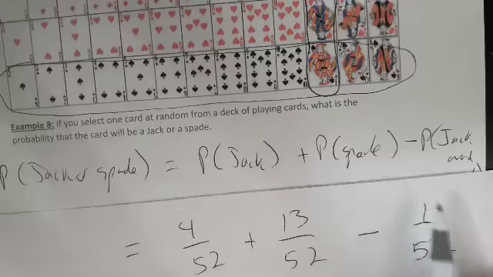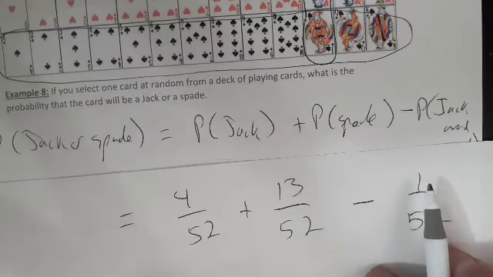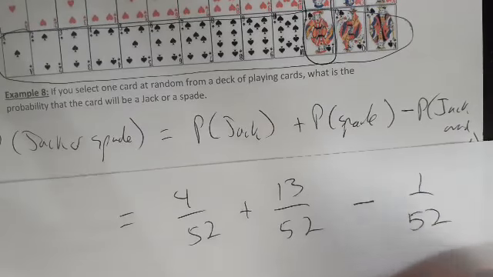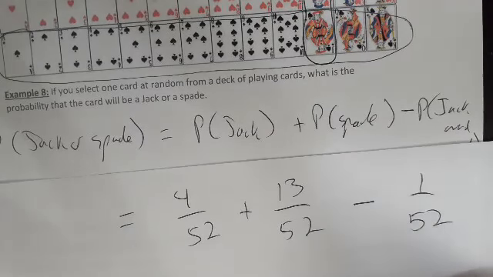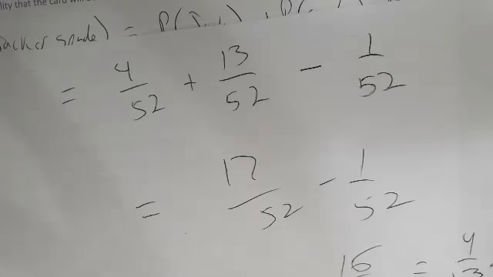So what I have to do is subtract this guy. So I'm adding the 4 and 13 gives me 17, and I have to subtract 1. Or I'm getting 16 out of 52. That's 4/13 if I simplify it, or it's going to be somewhere around 0.0678.